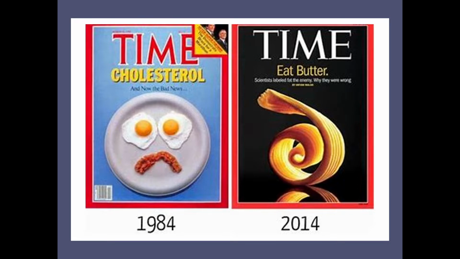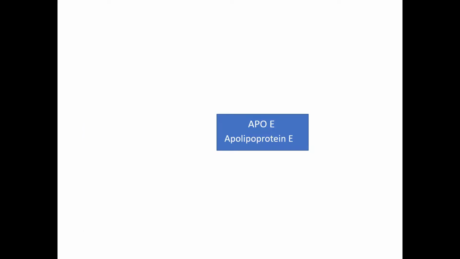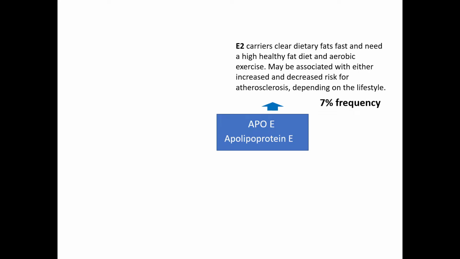Well, nutrigenomics, epigenetics play a role in this, and I think it's important. Some nurses may disagree and think that we don't need to look into this. Well, I'll explain why I think that they're wrong. So there's an apolipoprotein E, for short we call it ApoE, and there's different alleles of this ApoE. Now, you, me, everybody that is listening to this has an apolipoprotein E. The question is, what type of carrier do you have?